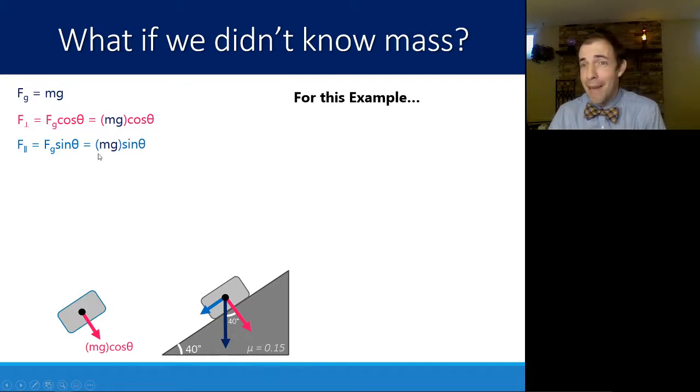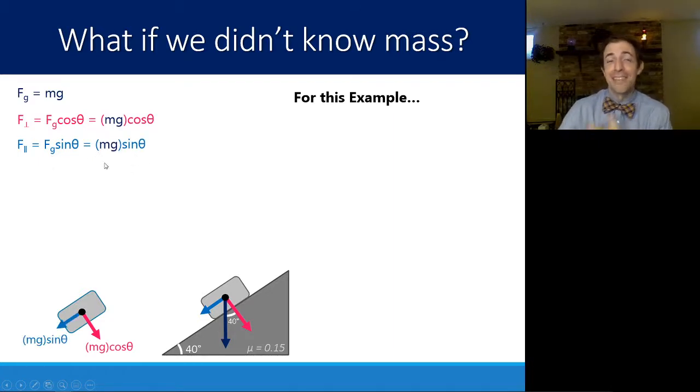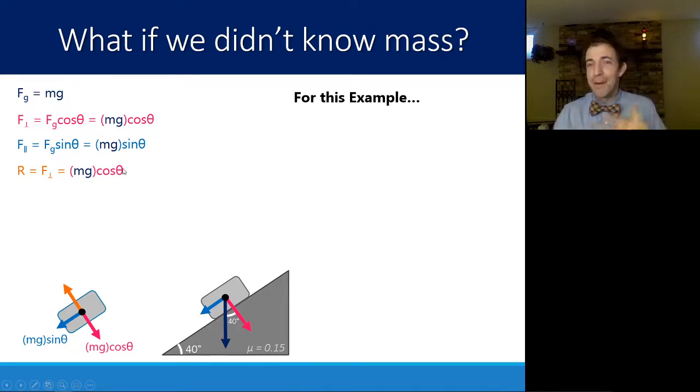We end up with mg times the sine of theta. Then we knew that R was equal and opposite to this perpendicular force, and perpendicular force symbolically we said was mg cosine theta. So that is still the same. So notice we haven't plugged in any numbers. We're just keeping these symbols all the way through.